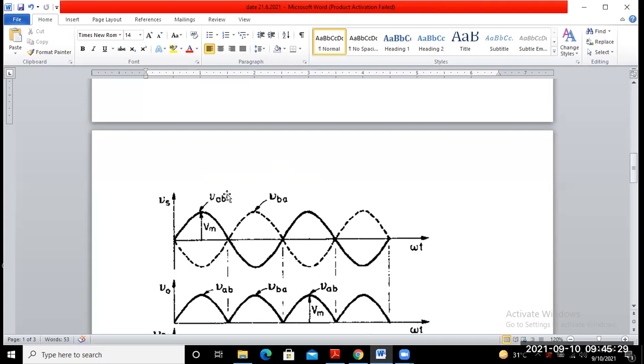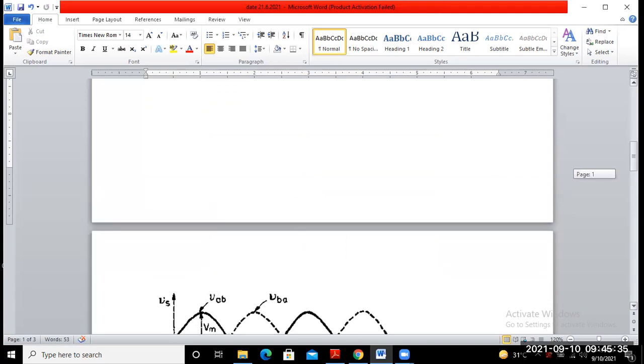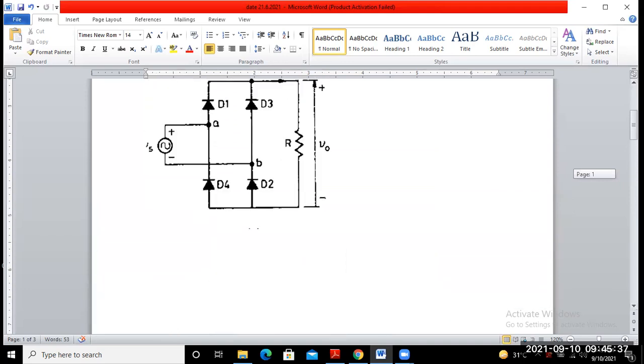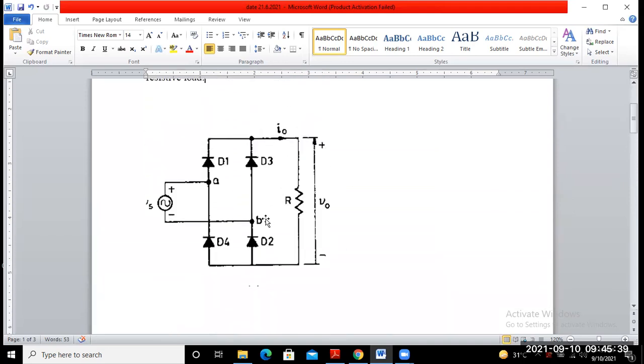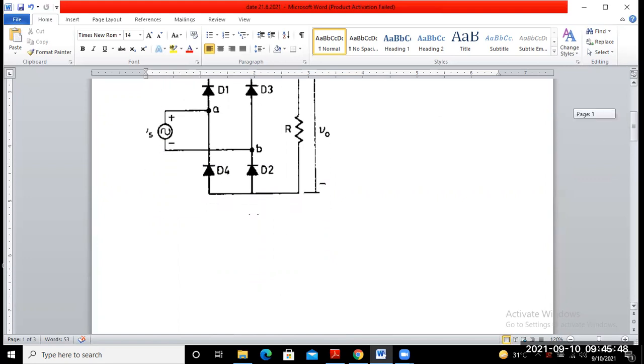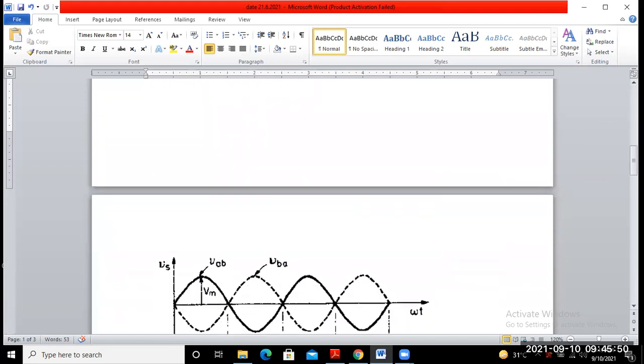If you want to draw the voltage VBA, that means opposite to that one, B to A, that means the negative half cycle. So VBA equals VB minus VA, that means opposite of VAB.